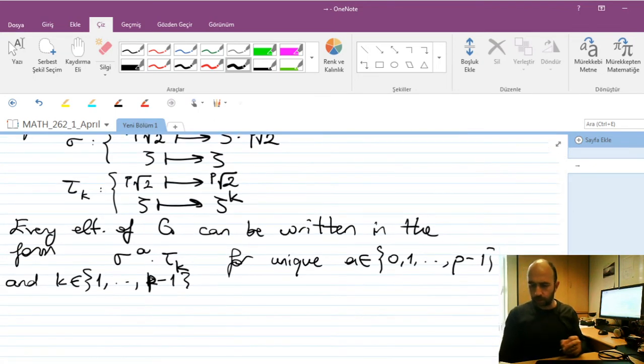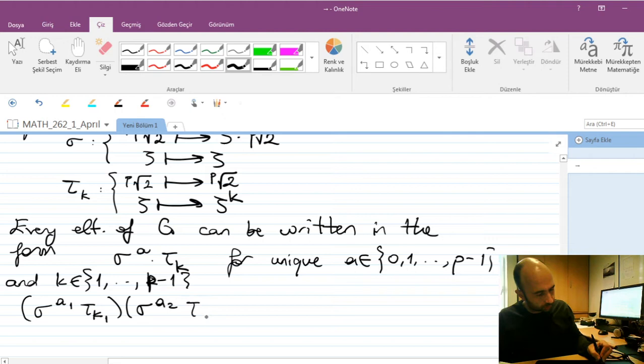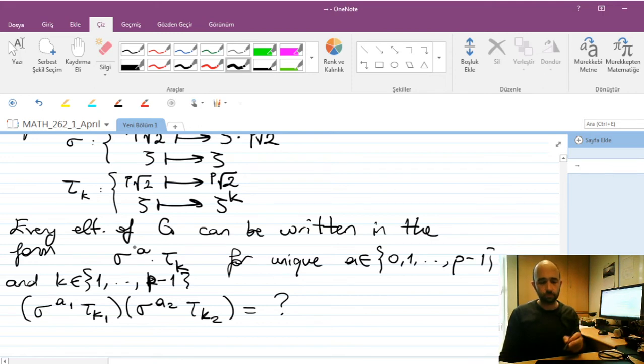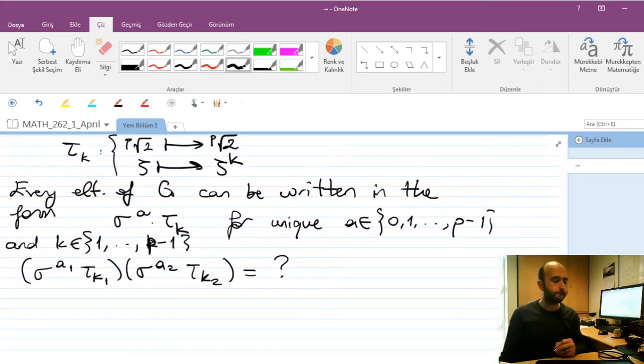Okay. Now, to be able to go on, maybe we have to write down the multiplication rule in terms of these generators. So what if you multiply two group elements like this? I mean, rewrite it again in this form. That would really describe the group operation.